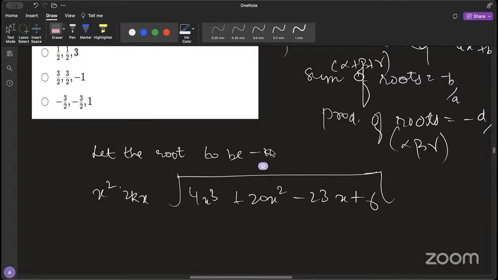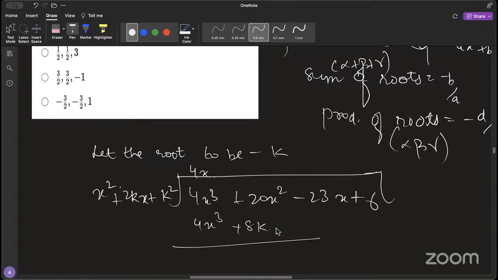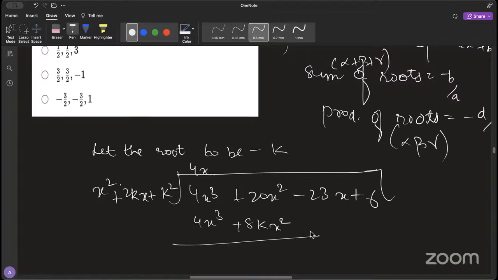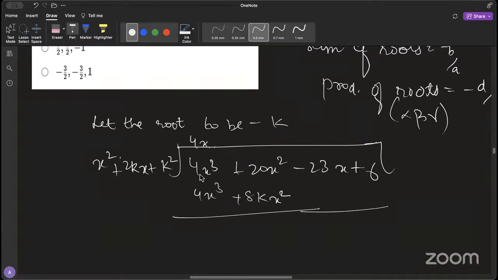If you consider it to be minus k, then in the factor you can take it to be x plus k square, right? So this will be this plus k square. You will have 4x here and 4x cubed here. Then 8kx square, and then you will have 4k square x.